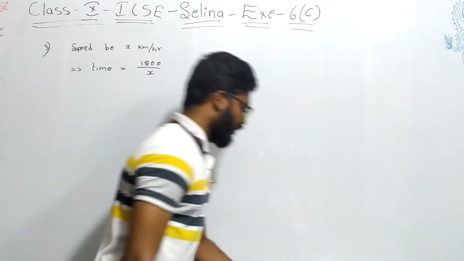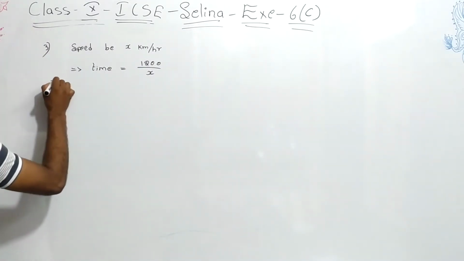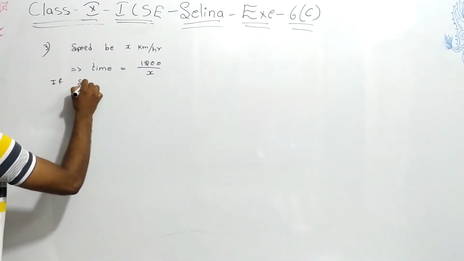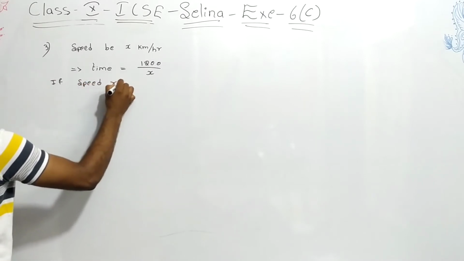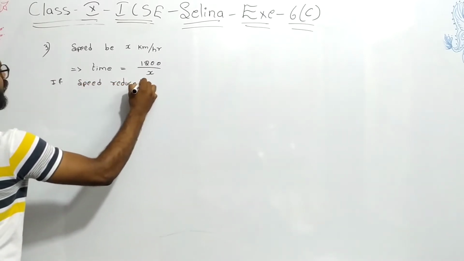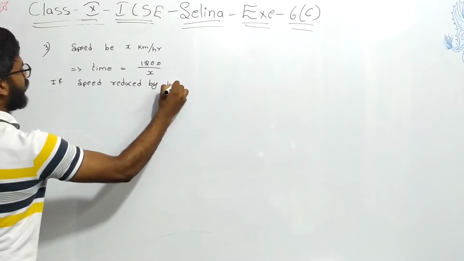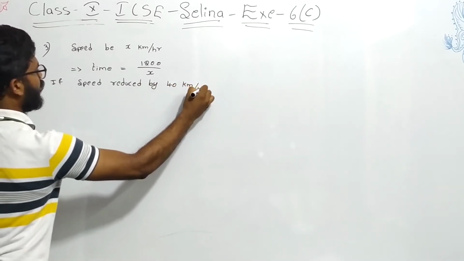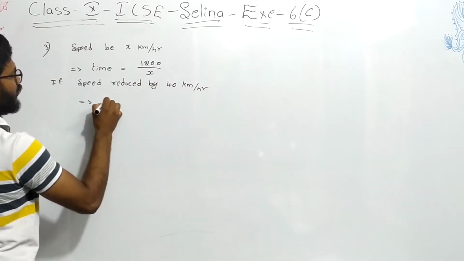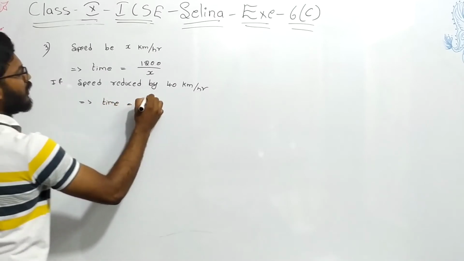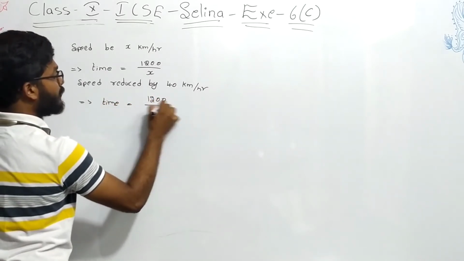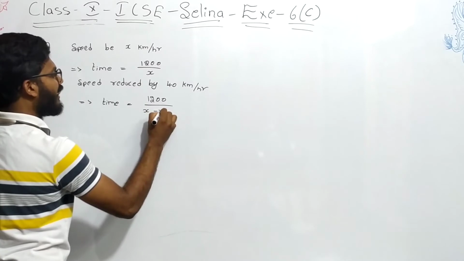Distance is equal to 1200. Now, if speed is reduced by 40 kilometer per hour, time is equal to how much? Distance by speed. Speed is reduced, right? So x minus 40.